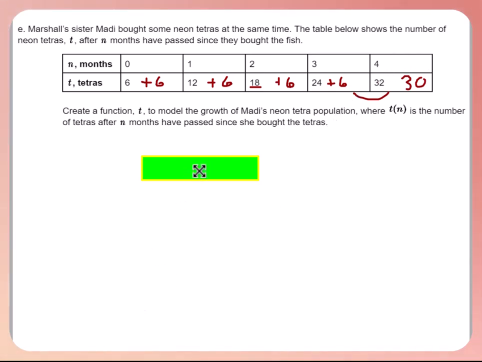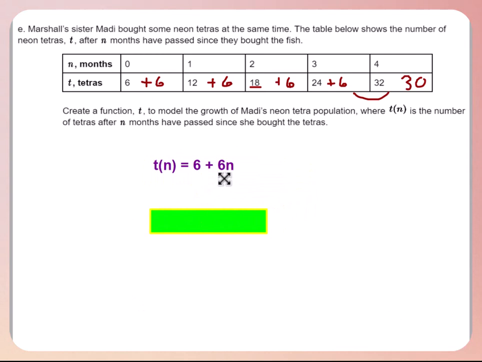All right, let's see what that function is. This looks like we're adding. Yes, we start out with initial amount of 6 plus 6 times n. Okay, let's try 4. 6 times 4 is 24, plus 6 is 30. So this is a mistake in your book. Cross that out. That should be 30.